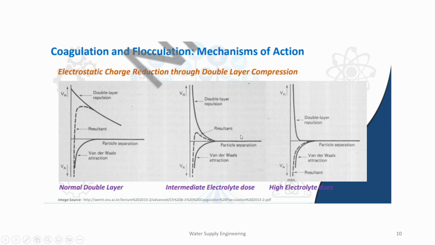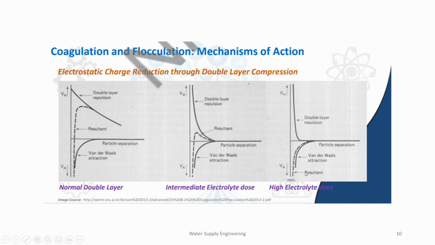So if it is intermediate electrolyte dose, the resultant force will still be repulsive in nature, but it will be reduced when compared to the normal double layer condition. And hence, microfloc formation will be initiated.